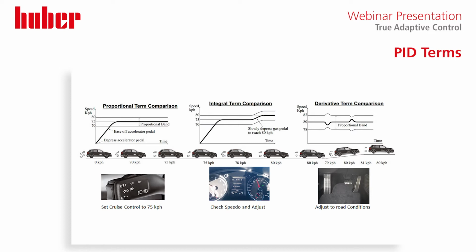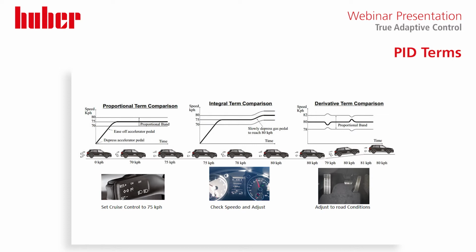And once it hits 75 kilometers per hour, it holds at 75 kilometers per hour. But this is only true if we're going along a flat surface, where there's no resistance going against the application. Whereas in a chemical reactor, you've got the full thermal load of your reaction media and what's going on in the pot, basically. So that's our proportional term.